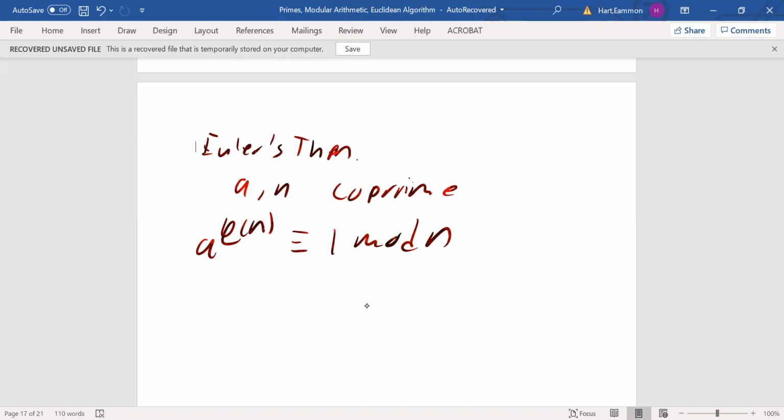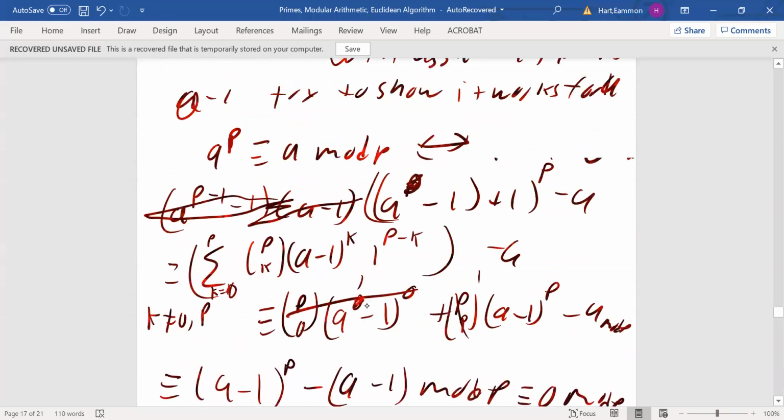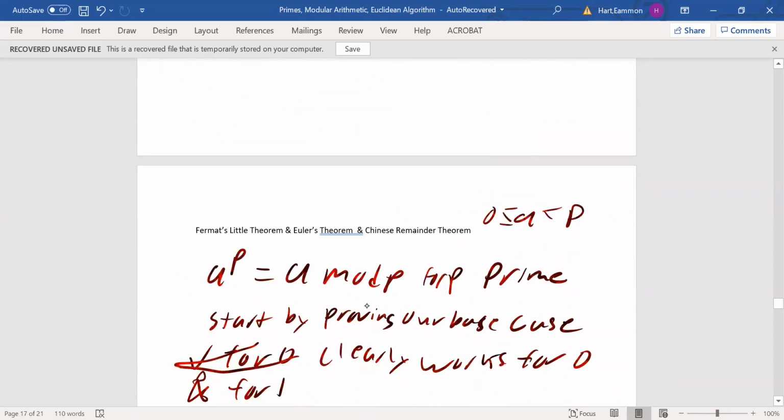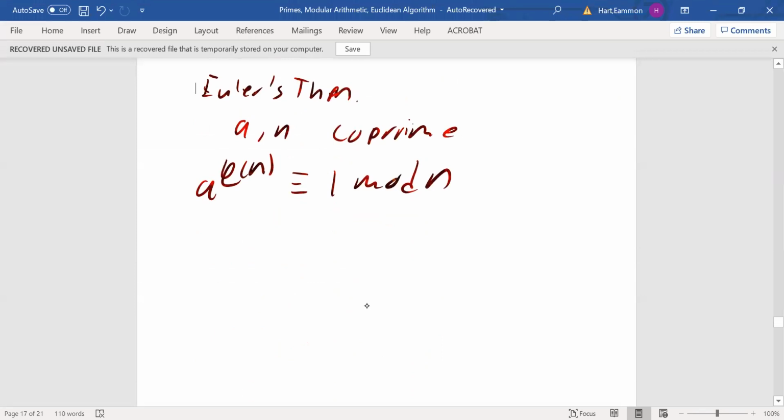So this can be pretty easily adapted from an alternative proof from the one that we did of Fermat's little theorem, but it's slightly more complicated, not that bad. But this is Euler's theorem right here.